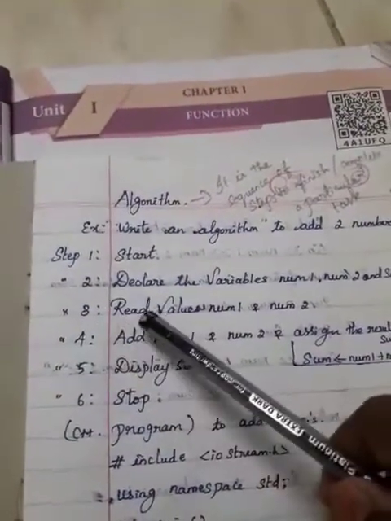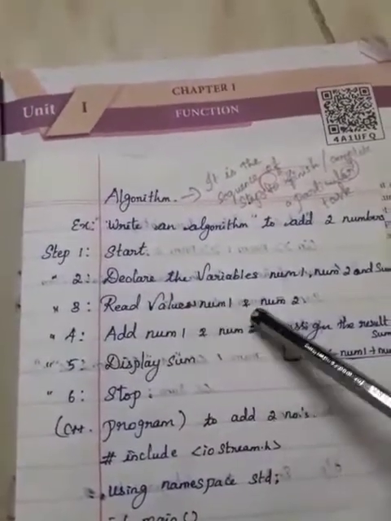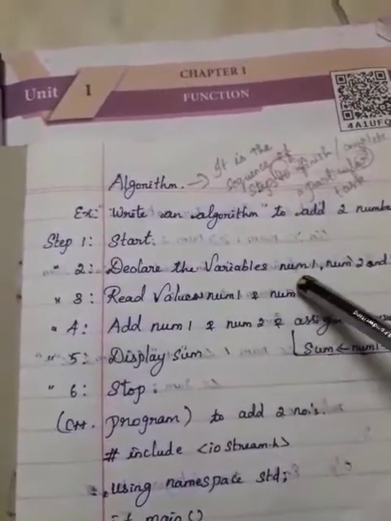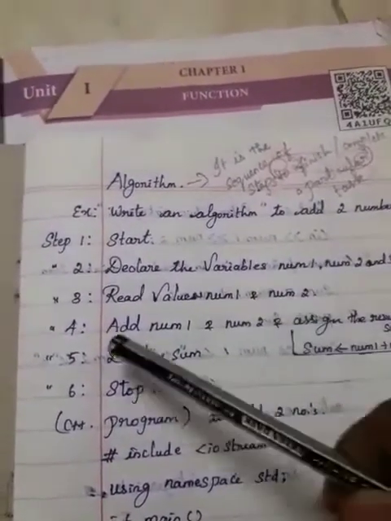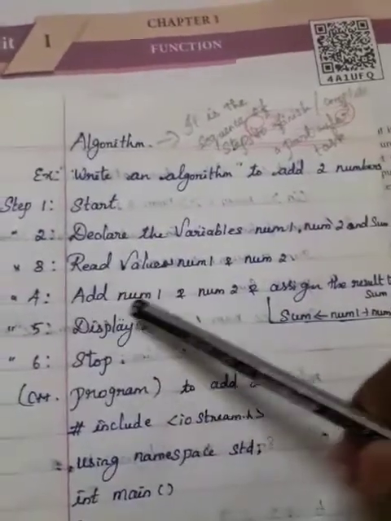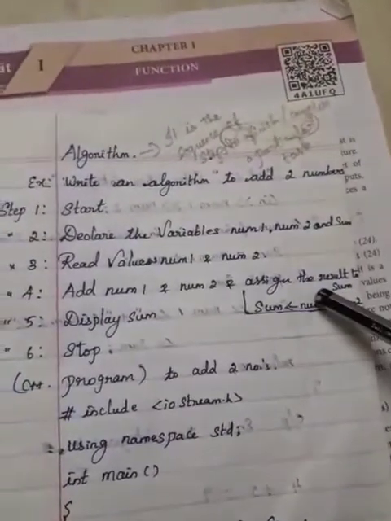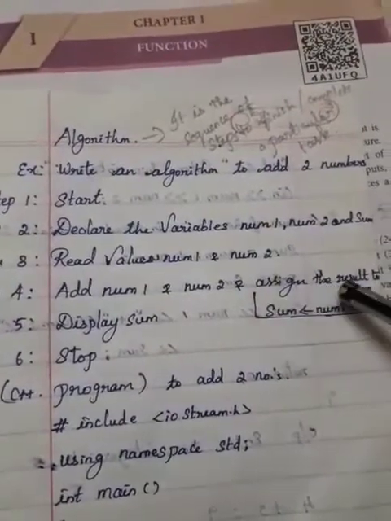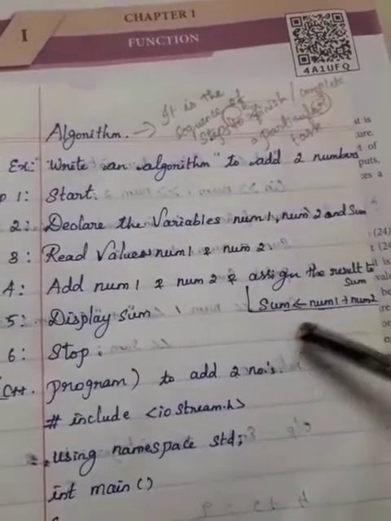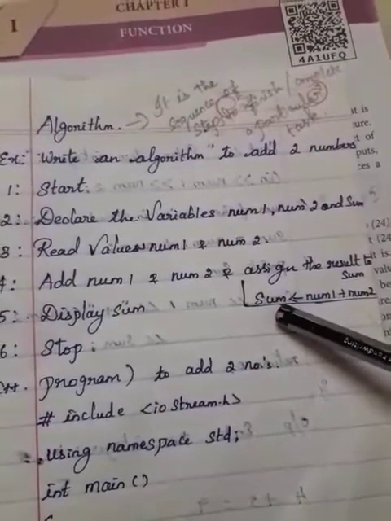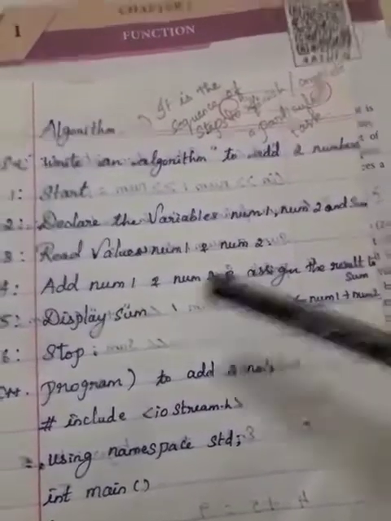Step 3, read values num1 and num2. So now we are going to read the values. Step 4, add num1 and num2. What operator do you have to use? That is the addition operator. So add num1 and num2 and assign the result to sum. Num1 plus num2 is stored into the sum variable.